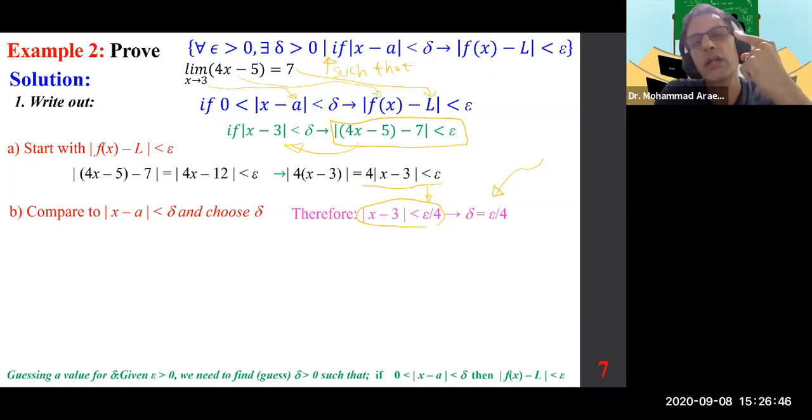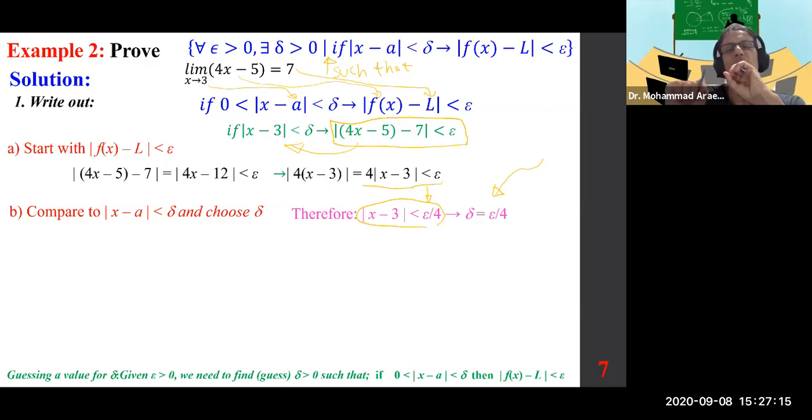If epsilon is 1, then your choice of delta is 1/4 of that, okay, 0.25. So whatever you choose, as long as you divide that by 4, becomes the choice of delta, all right? So that's how you choose whatever epsilon.